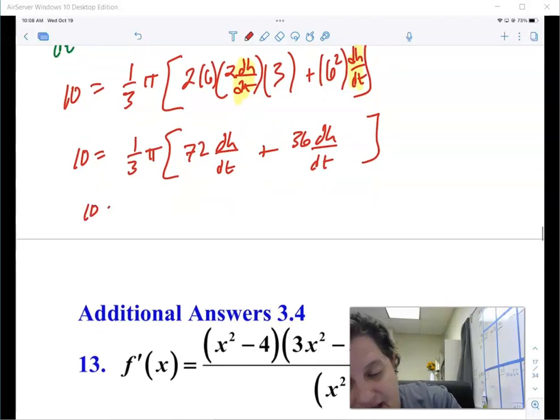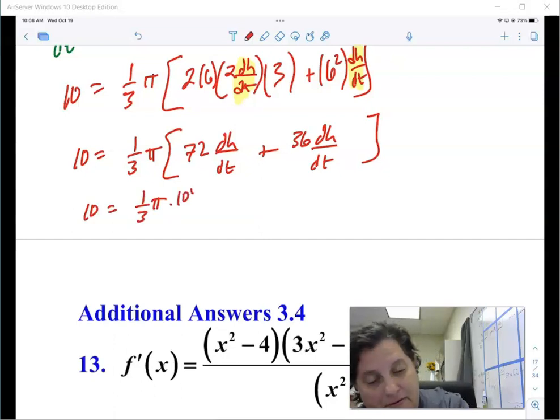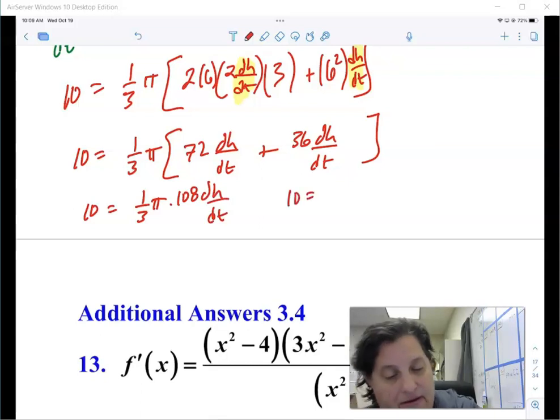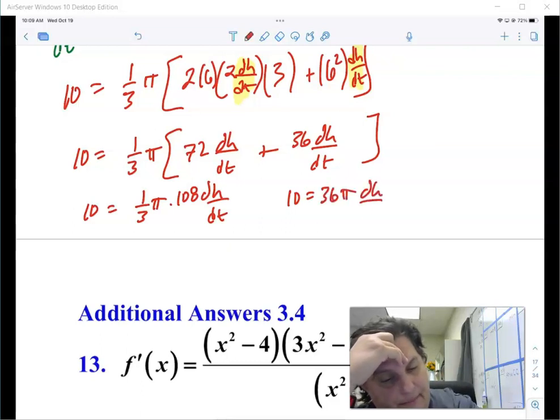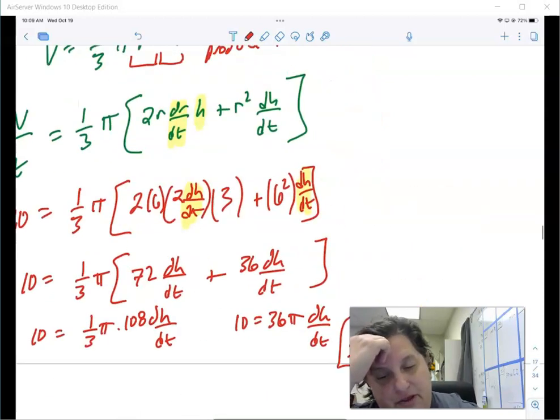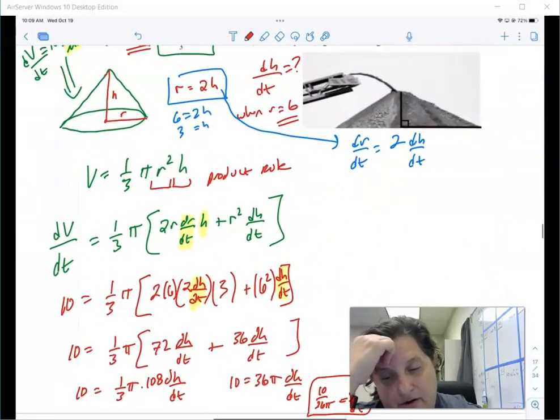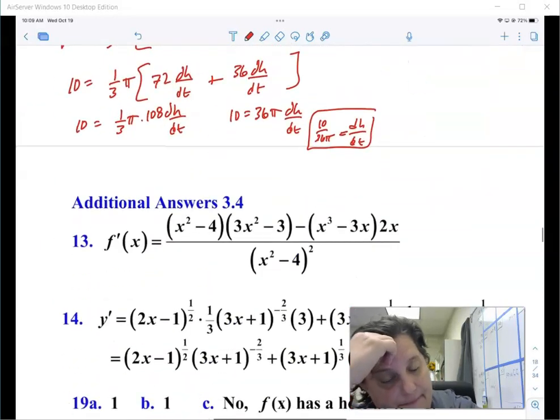If I add those together, 108. 108 divided by 3 is, you don't have to necessarily do all this simplifying, but it's going to be 36. And so I end up with dh/dt equals 10 over 36 pi. And this would be units of whatever dr/dt was, feet per minute.